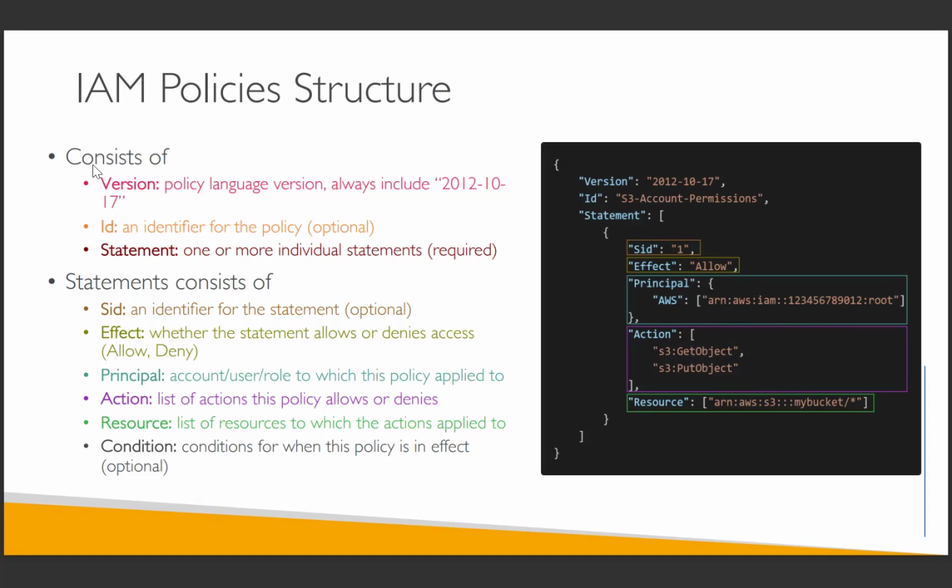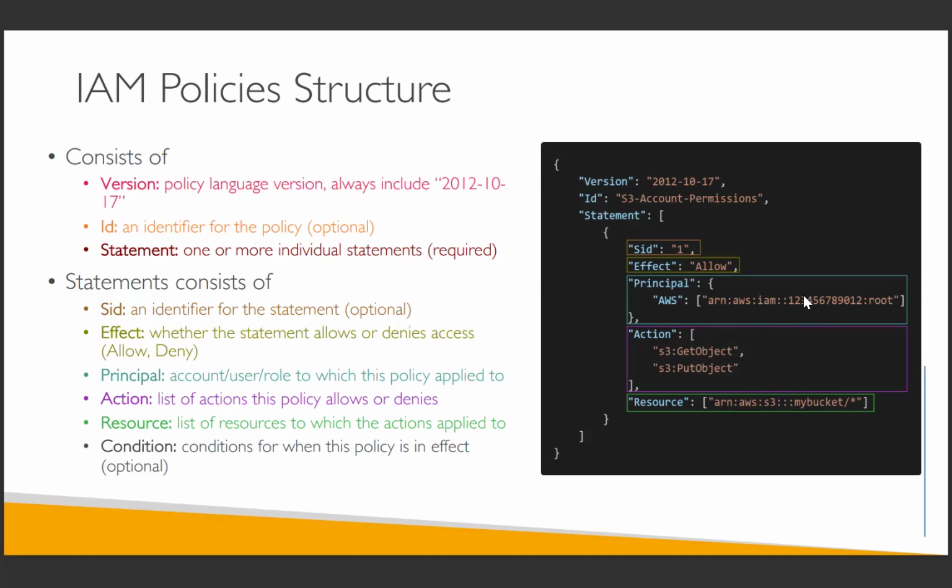As you can see here, it's written what it consists of. Policy language always includes this, so this is not that relevant. This is an identifier. Every policy has an ID, and it is optional. Statement: one or more individual statements.